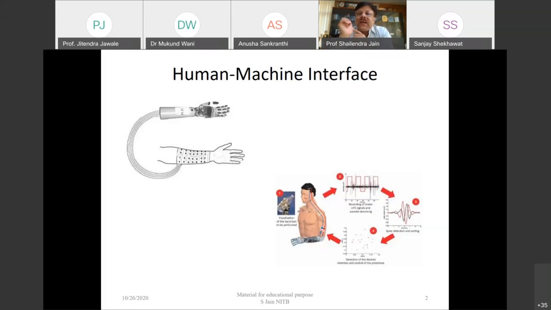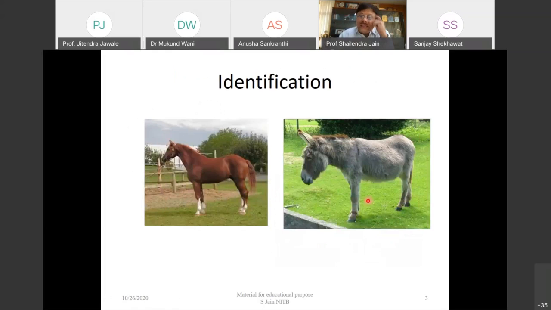When we expect a machine to take a decision, there is a need to sense these commands and recognize these signals for effective implementation. Let's see if we talk about identification. If we ask to identify the animals, we can say these are animals.